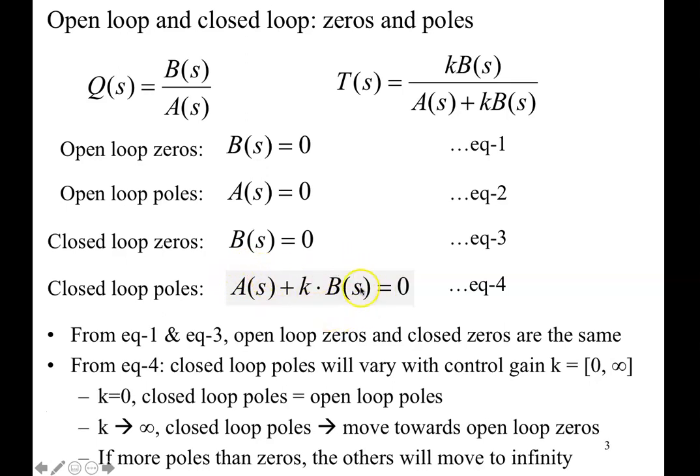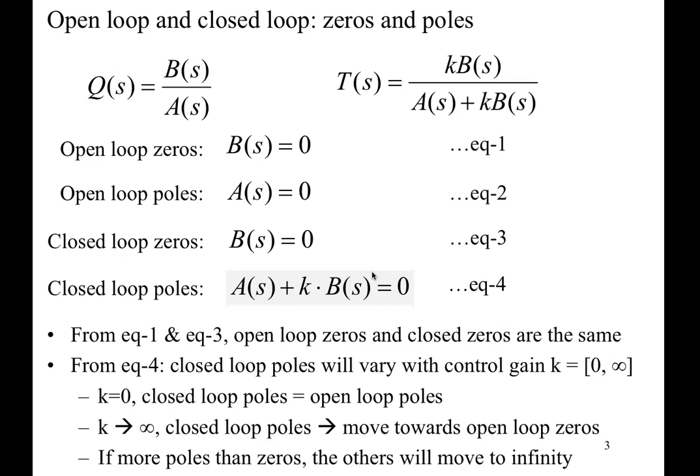So the second term becomes K times B(s) equal to 0. Strike away the K, K is a constant. So K times B(s) equals 0 is the same as B(s) equals 0. B(s) equal to 0, if you look at equation 1, that's the open loop zeros. So when K is very, very large, the closed loop poles will be the same as open loop zeros.